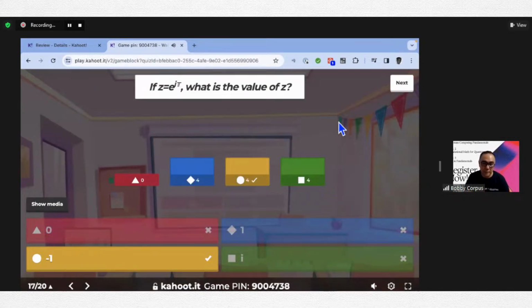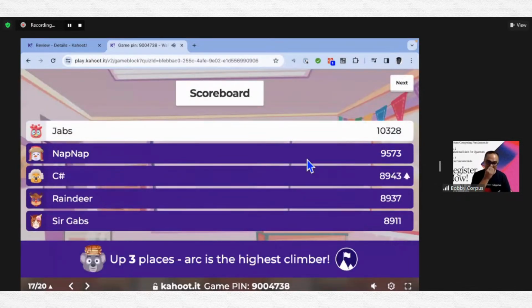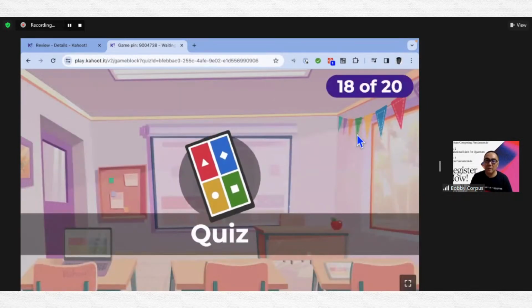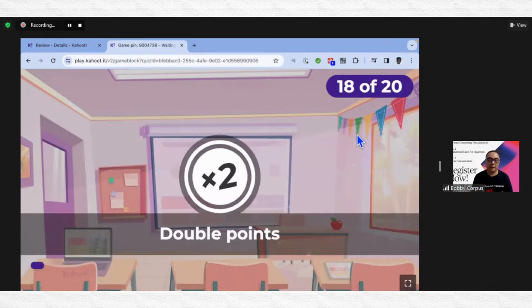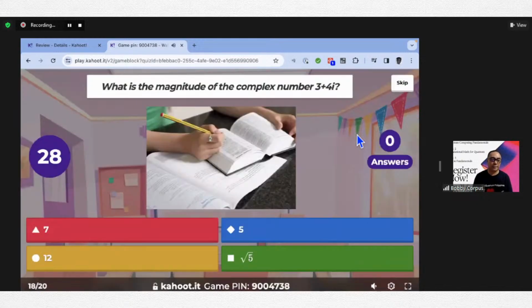Good. So the answer is -1. Wow, mga sa C sharp. Okay, this is second to the last or third to the last. Double points. What is the magnitude of a complex number 3 plus 4i?